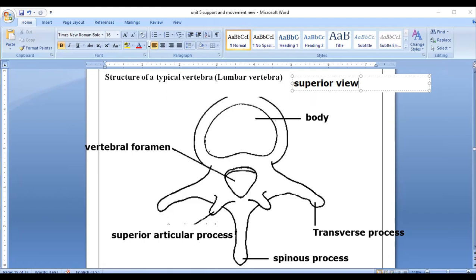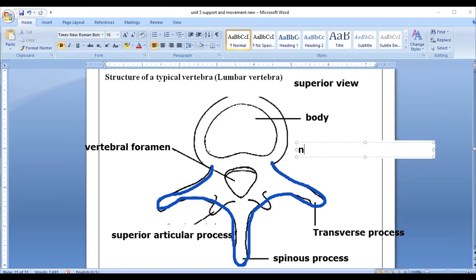Remember, if you take this whole portion all together, it is called a neural arc.